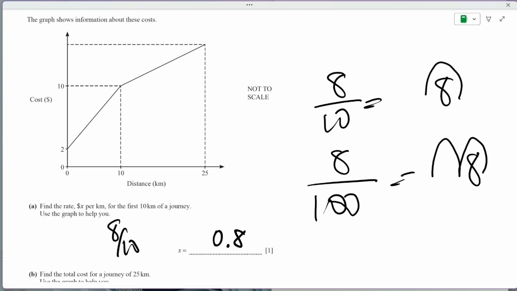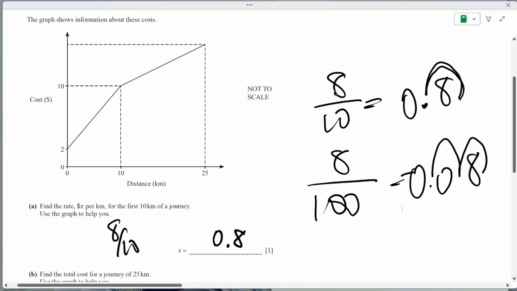For 10, since you move 1 step, you have your decimal here, then your 0, that's 0.8. If it were 100, since you moved 2 steps, in between the steps, you put a 0. You put your decimal and put a 0 here. That means 8 over 10 is the same thing as 0.8, and 8 over 100 is 0.08.